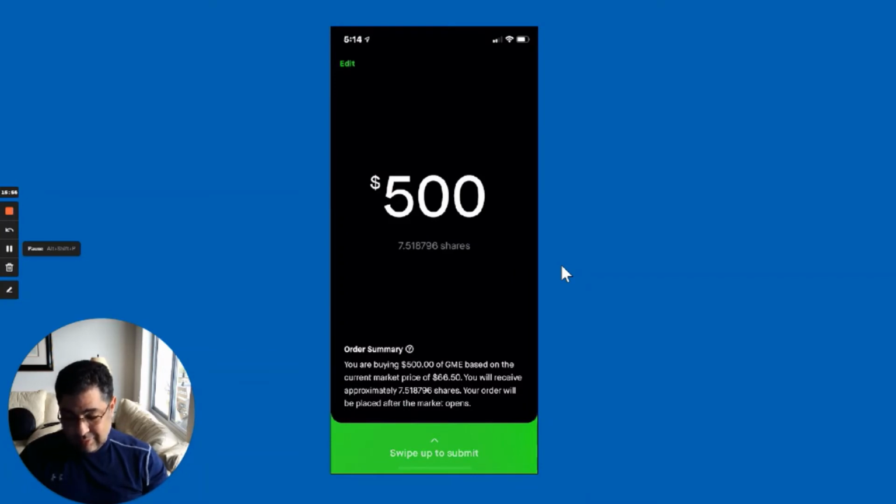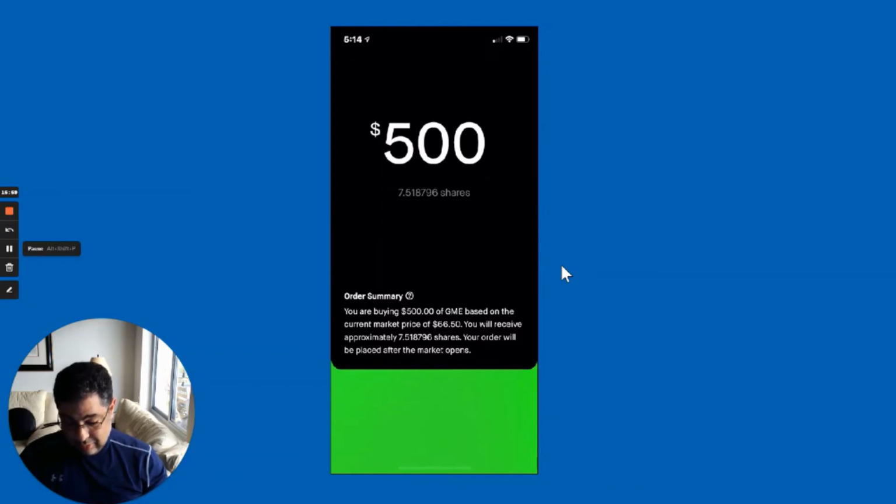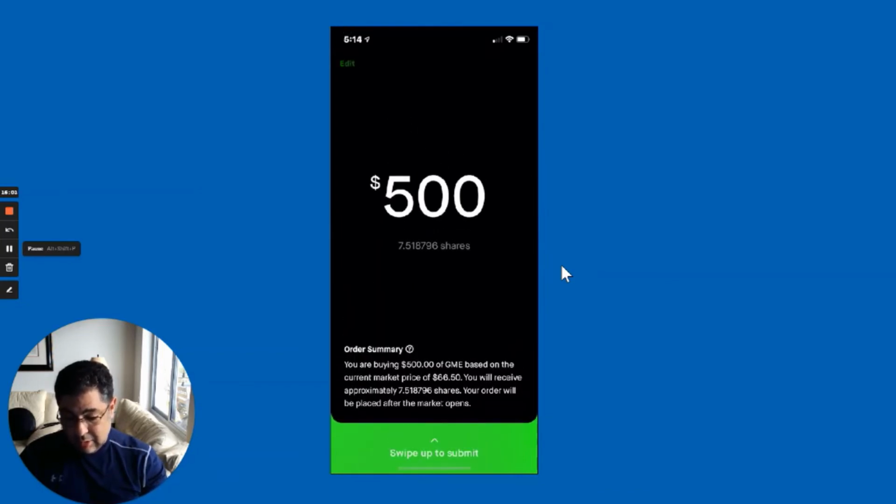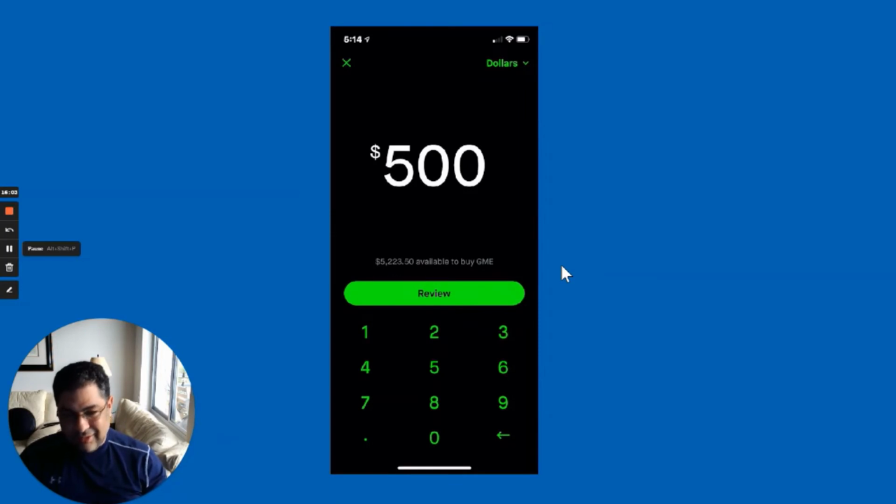So make sure that you don't swipe up unless you want to. Oh, good. So I learned something. Edit is if you want to get out. Okay, so if I click the X here, it cancels it out.